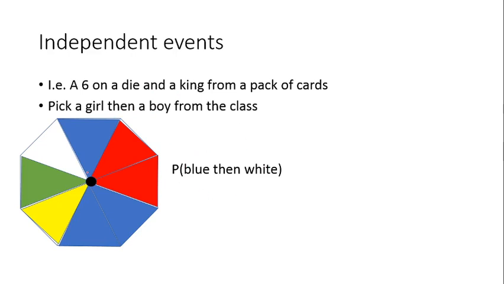If I spin this spinner twice, a blue then a white, these two are independent because it doesn't matter what I get the first time; the probability of getting white second is still the same, 1 out of the 8 things that are there. The probability of picking a blue is 3/8, the probability of picking a white is 1/8, and for a blue then a white, two independent events, I multiply them together.